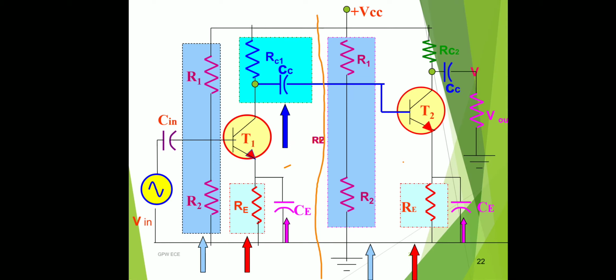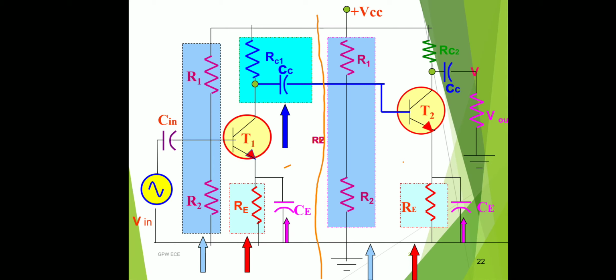In the second stage also there are two resistors, R1 and R2, for voltage dividing, and RC2 and CC are the coupling elements. Vout is across the resistor, and at the emitter of both stages there is RE and CE, the emitter resistor and emitter capacitor. RE is for thermal stability, and CE is the bypass capacitor for bypassing the AC signal.